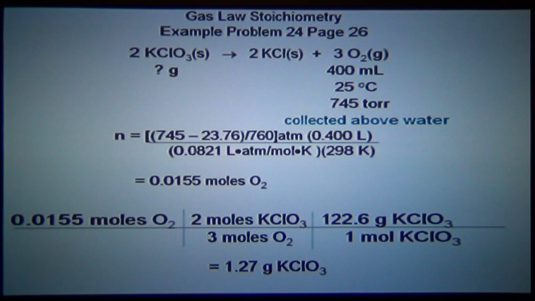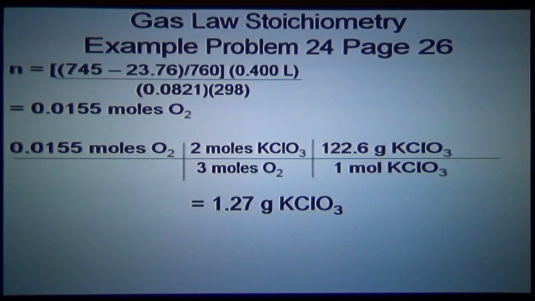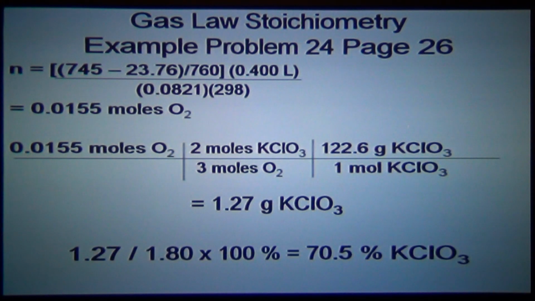So if you take the 0.0155 and multiply by 2/3, and by the molar mass, 122.6, we find out that theoretically, to make that much oxygen, you had to start with 1.27 grams of KClO3. So that is the part of the mixture of the 1.80. So if we now take the 1.27 and divide it by the total mass of the mixture, we now know that the potassium chlorate was 70.5% of that mixture.